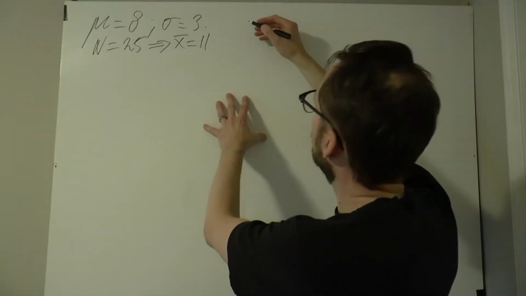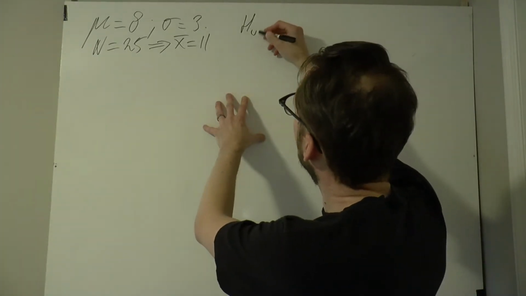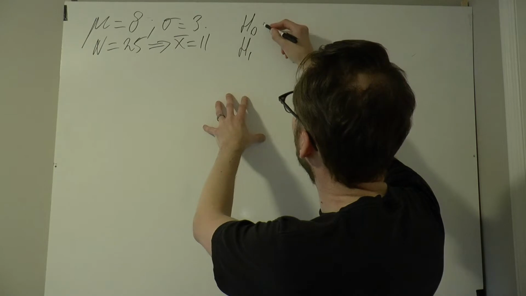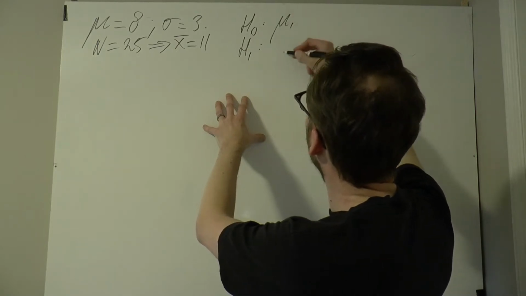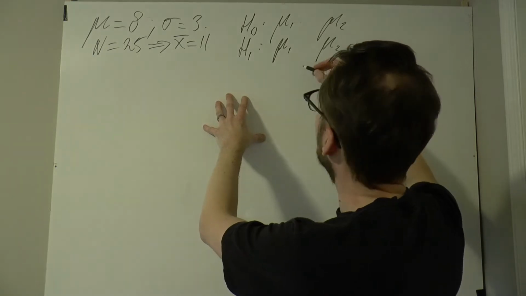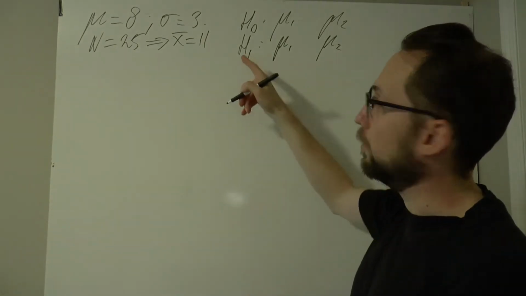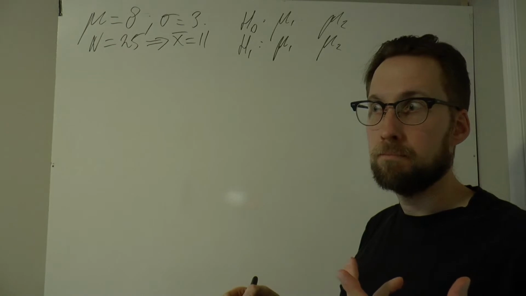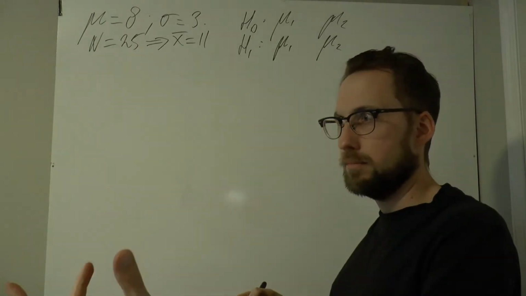Okay, so H0, H1, mu1, mu2. I expect that in the alternative hypothesis, there's a bigger difference.